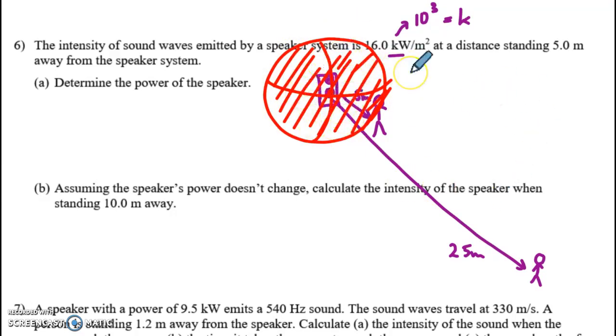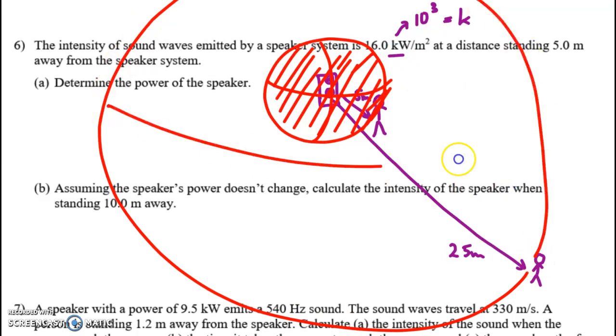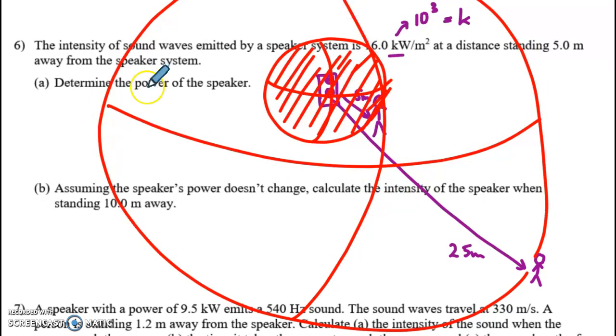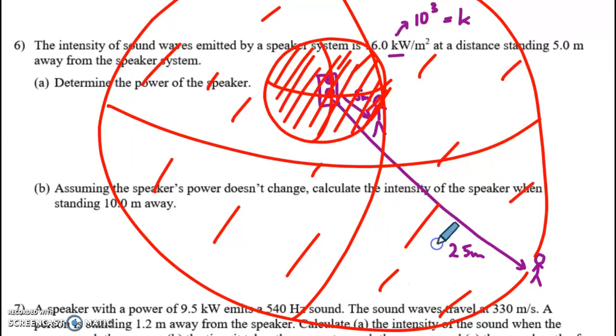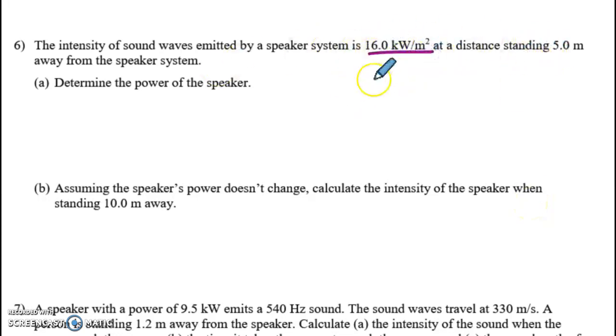The energy is not being spread out so thin. But by the time the wave reaches this person, look at how huge that energy sphere is. You're spreading that energy very, very thin. So the wave is less intense for her. Okay, it makes sense then. This value is going to decrease as the wave spreads. The intensity gets less.